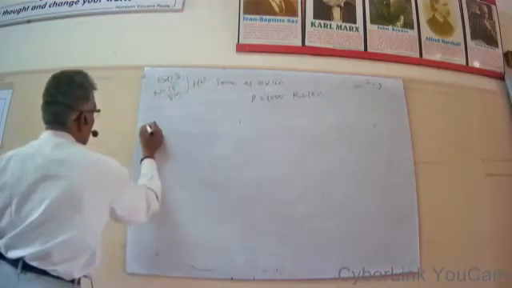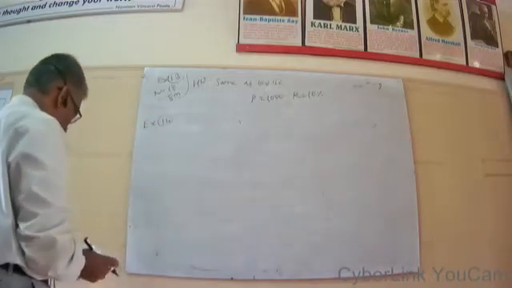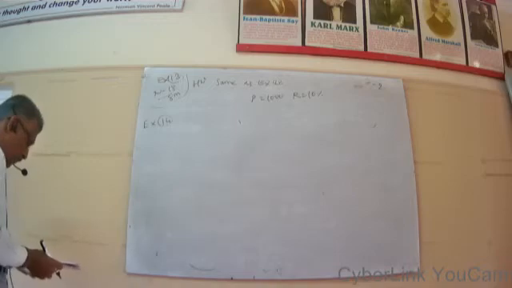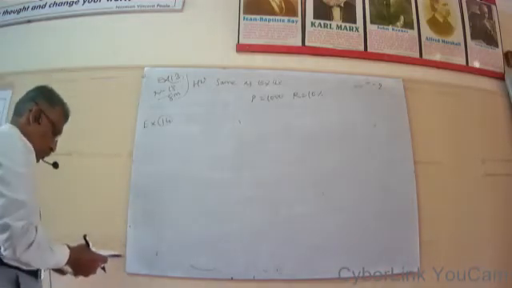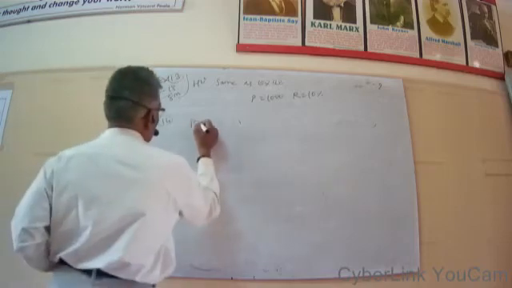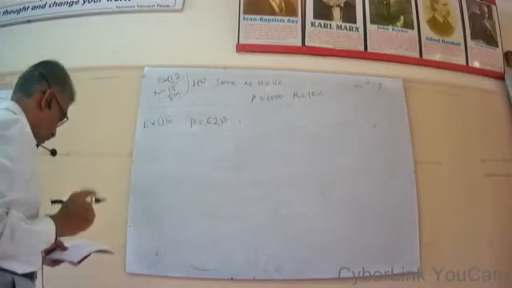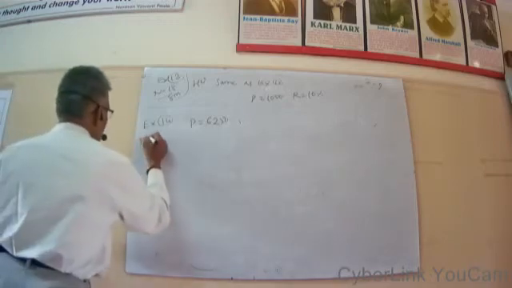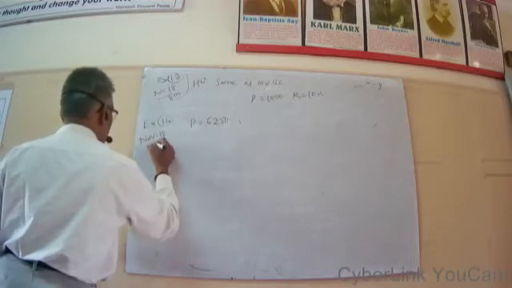So example number 14. In 2 years, a sum of rupees 6250, P equal to 6250. This was also asked in November 18, an 8 marks question.